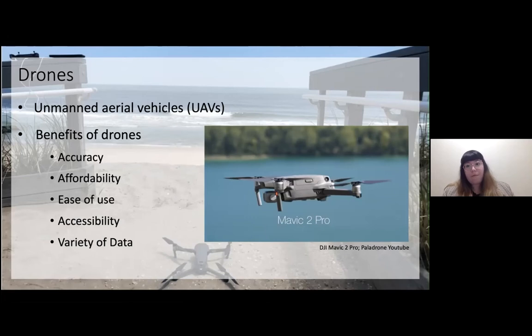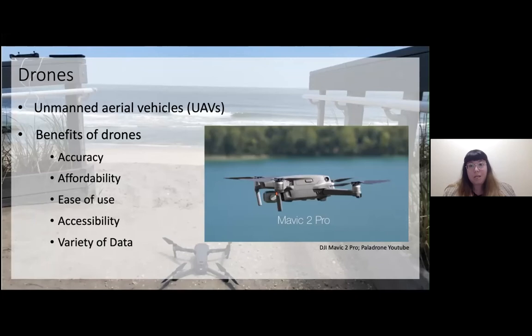They're relatively affordable as well. Now drones can start in the upper hundreds, but then sky's the limit for how much money and cool things you want to put on it. But overall, this is much more affordable than purchasing a traditional LiDAR set and then chartering or hiring a plane to go fly it across your study area.